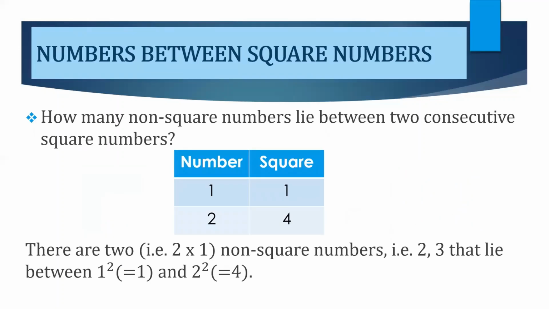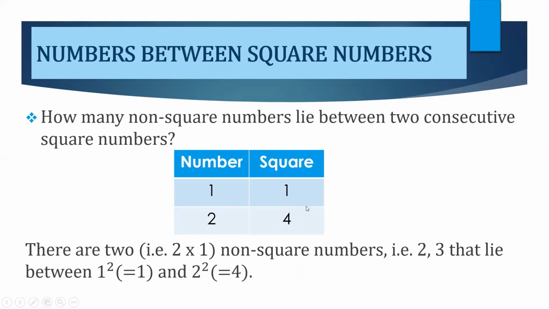The next topic is numbers between square numbers. Here we can find out how many non-square numbers lie between two consecutive square numbers. Let's take the example of the first two perfect square numbers, 1 and 4.